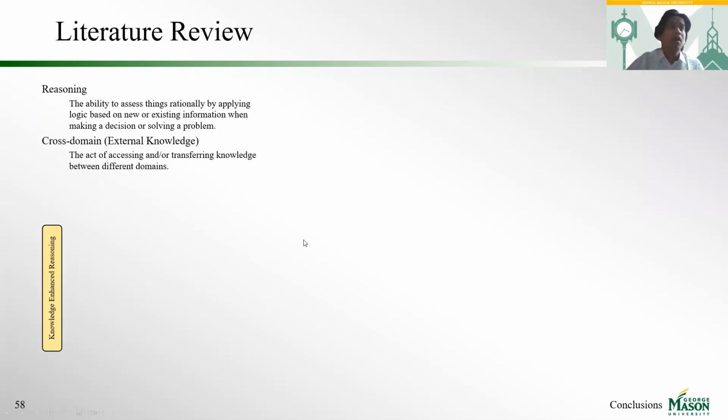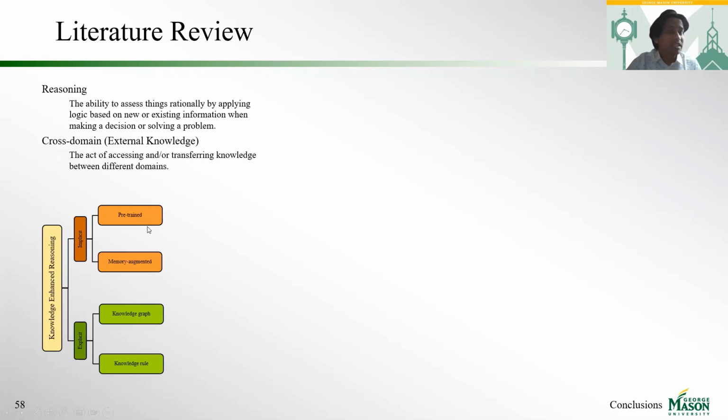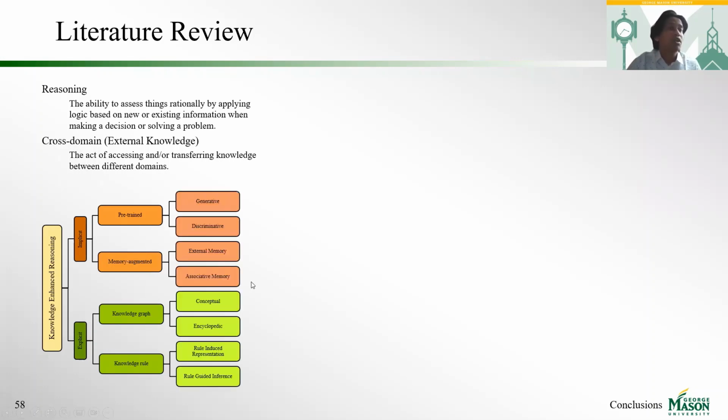Based on that, I found that people use knowledge-enhanced reasoning in explicit ways and implicit ways, which can be pre-trained, memory augmented, knowledge graph, knowledge rule, and also generative, discriminative, external memory, and so on. From these different branches, I finally found out.